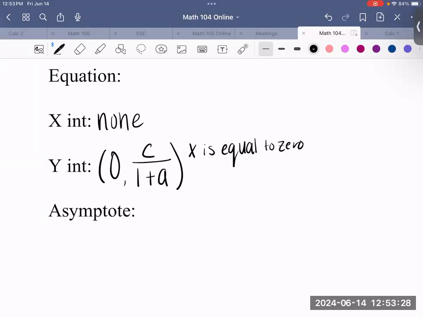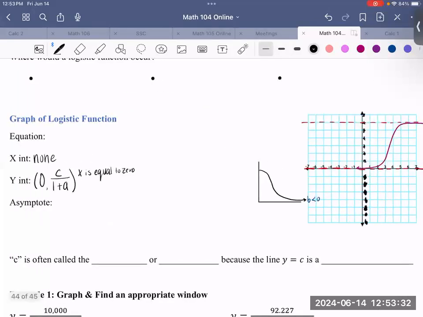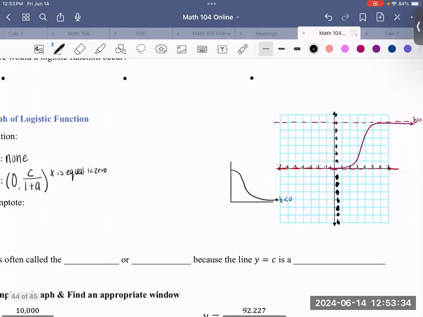Now your asymptotes. We said we have 2 asymptotes, 2 of those dotted lines. What is one of them? Perhaps the easier one to follow, because these numbers here don't matter so much. This one is probably the easiest one. And because it's a horizontal line, these are all going to be y equals. So if we're right here, what do we think y could be equal to?